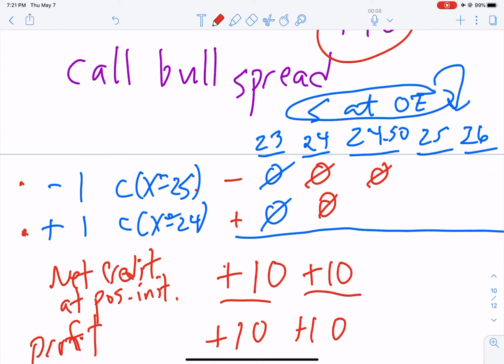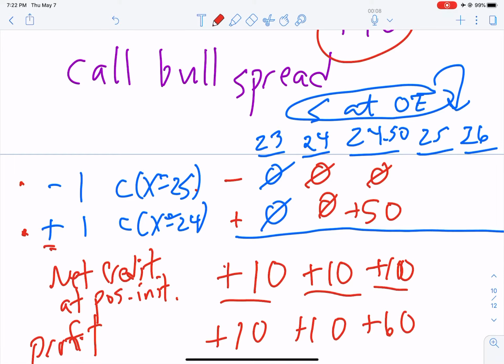But the right to pay 24 when the market price is $24.50, and we're long that one, it's worth 50 cents a share or $50 for the contract. Okay, so that means we can sell it. We're ignoring bid-ask spread. We're ignoring commissions, and so it's worth 50. We assume we'll sell it for 50, and we also get to keep the $10 net credit from the initiation of the position. So here we're up 60.